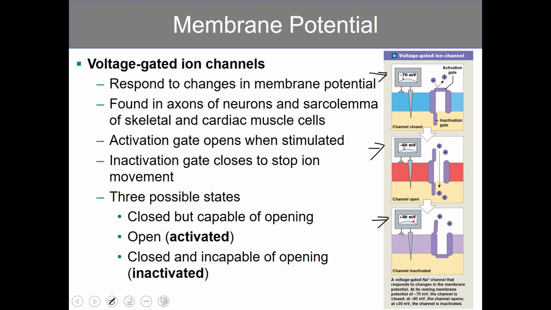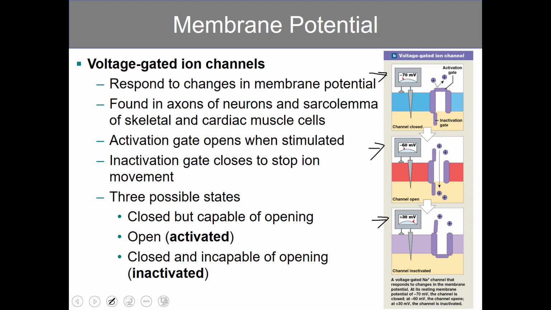So it requires a change in the voltage in order to open or close these particular channels. So they respond to changes in membrane potential. These are found in the axons of neurons, as well as the sarcolemma of skeletal and cardiac muscle cells.